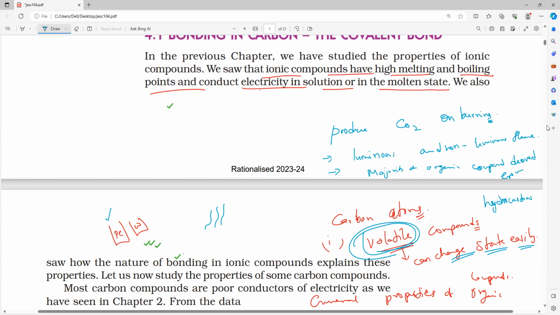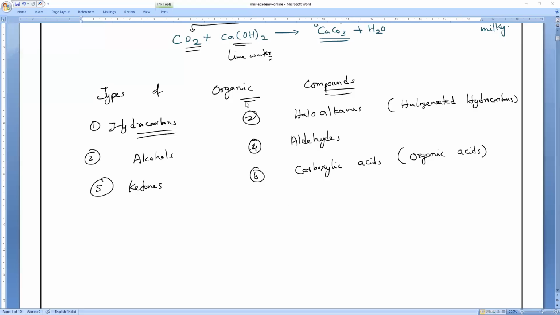So what is that, sir? I have told you organic compound examples. Totally how many did I tell you, everybody? 6 examples. In that you remember everything: haloalkanes, aldehydes, carboxylic acids, alcohols, ketones, everything are derivatives of hydrocarbons. It means from the hydrocarbons, we just replace and we get all the remaining functional groups.